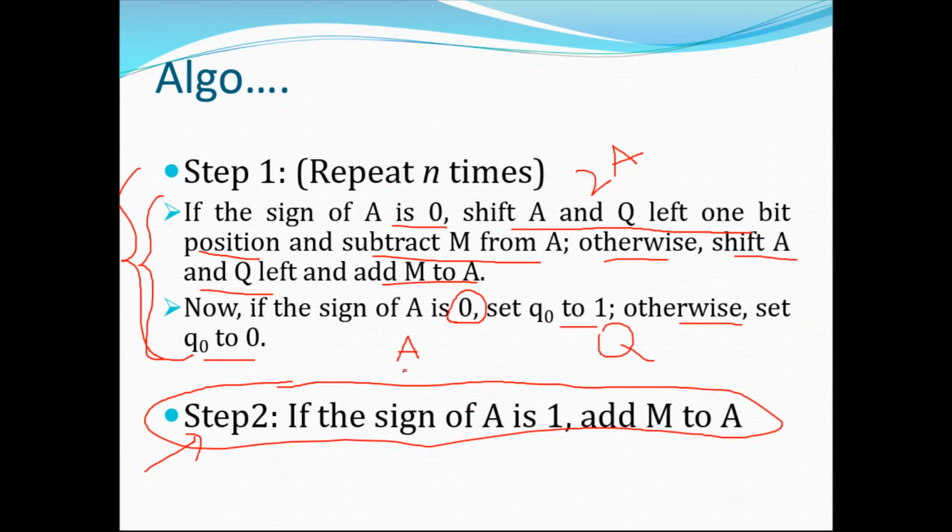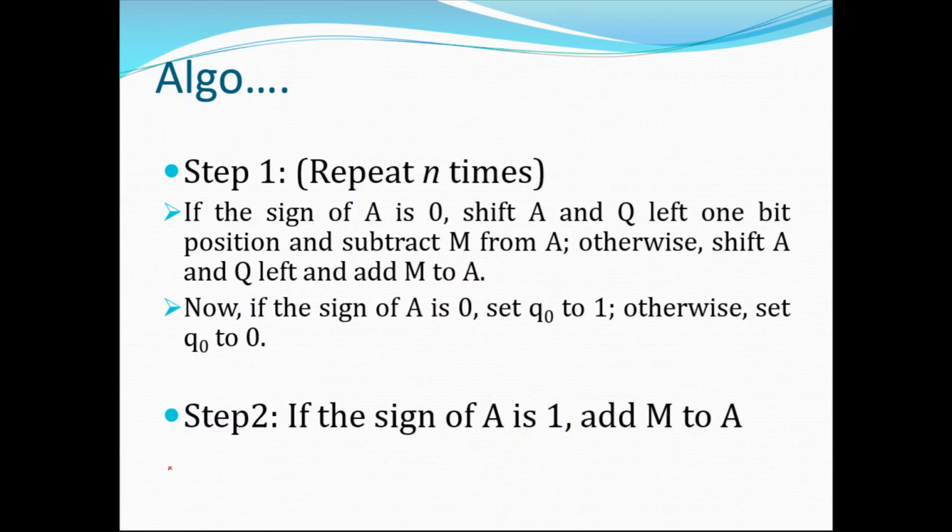If a is a positive number, you leave it as it is. But if a is a negative number, that is, if the sign of a is 1, then add m to a. That will be the final remainder. So at last you have to check whether the number in a is positive or negative. If it is negative, then add m to it so that you will get the actual remainder.